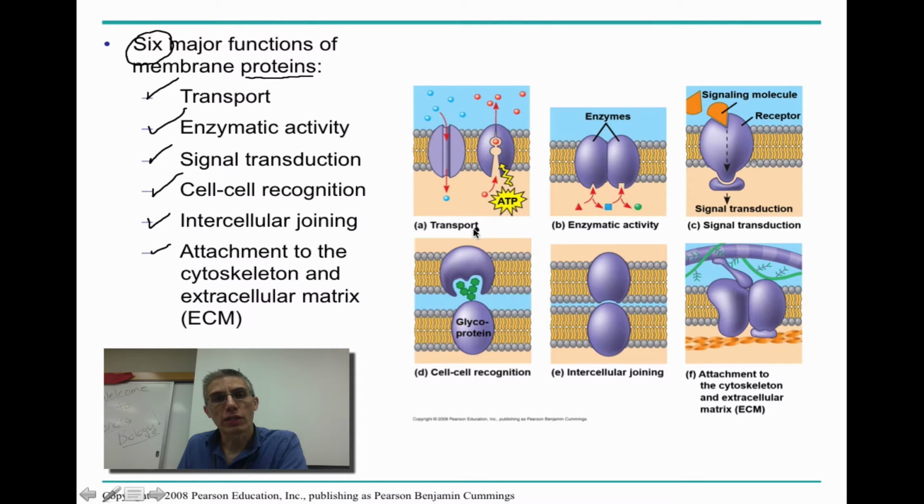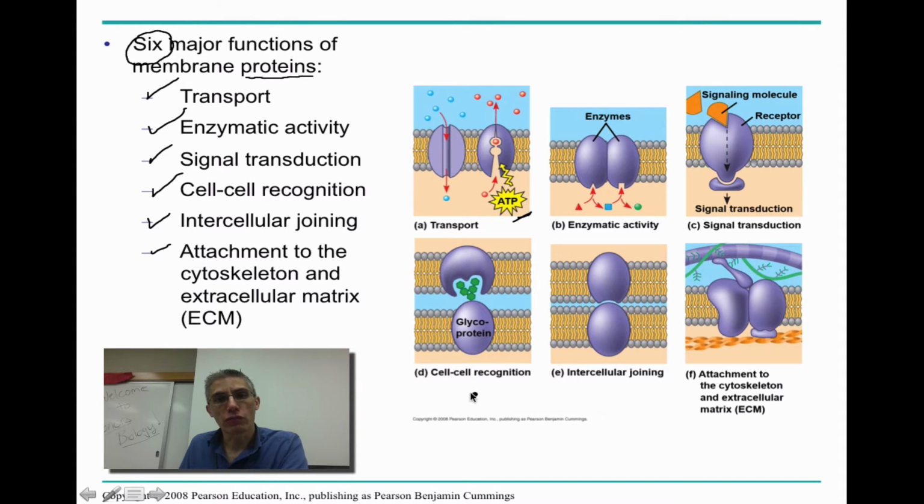Here you can see the transport mechanism being represented, in other words, the transport of molecules back and forth across the cell membrane. Some of that does require energy, in the form of ATP. Enzymatic activity promotes a really fast occurrence of different types of chemical reactions. Signal transduction communicates different types of messages across the cell membrane.